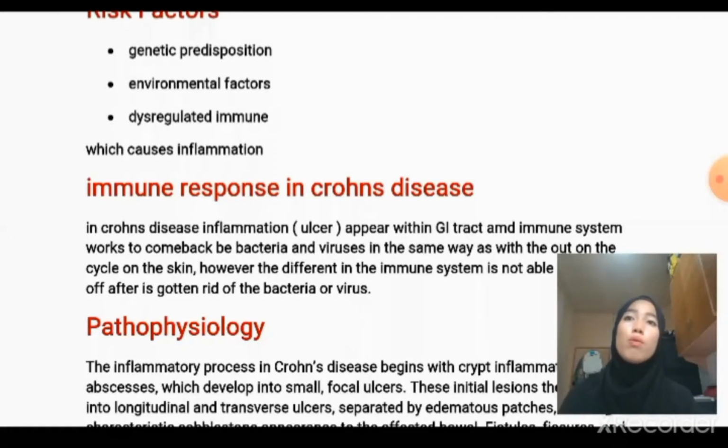Most patients with Crohn's disease have abdominal pain and diarrhea. Other symptoms related to the gastrointestinal tract include abdominal tenderness, loss of appetite, weight loss, fever, fatigue, rectal bleeding, anal skin tags, and ulcers.